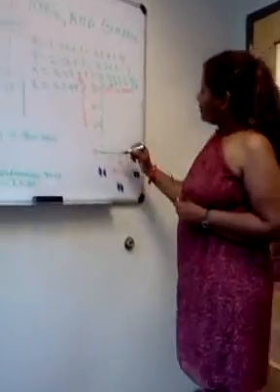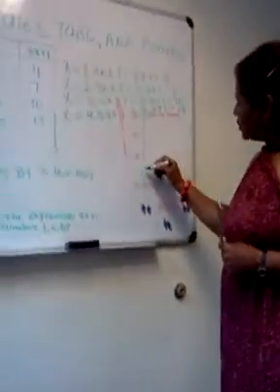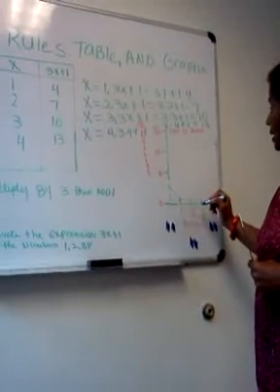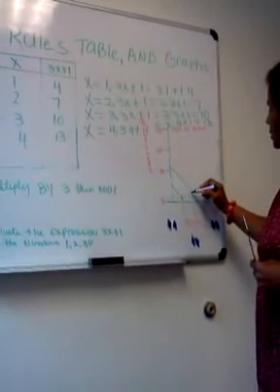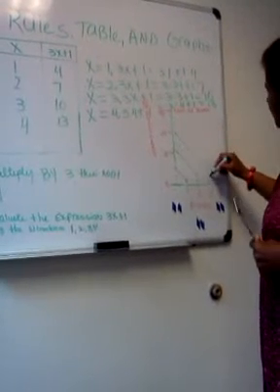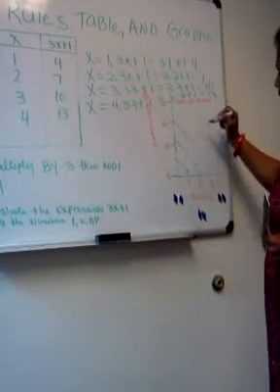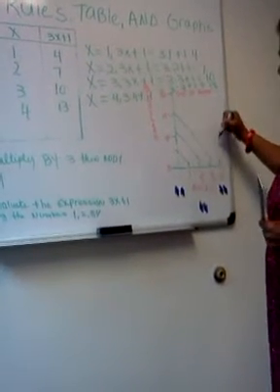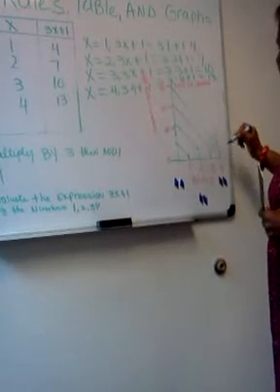So for one book, you're going to pay $5. For 2 books, you're going to pay $10. For 3 books, you're going to pay $15, and for 4 books, you're going to pay $20.